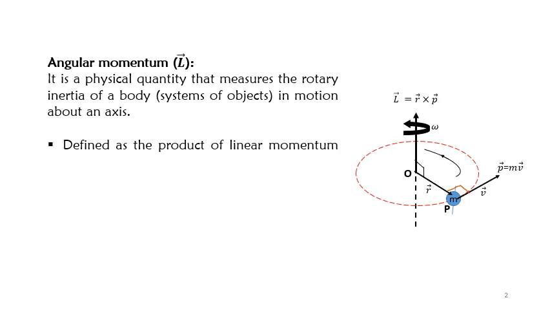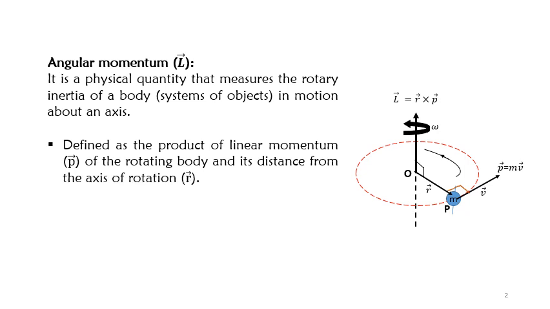The angular momentum is defined as the product of linear momentum of the rotating body and its distance from the axis of rotation. We will see that on the next slide.